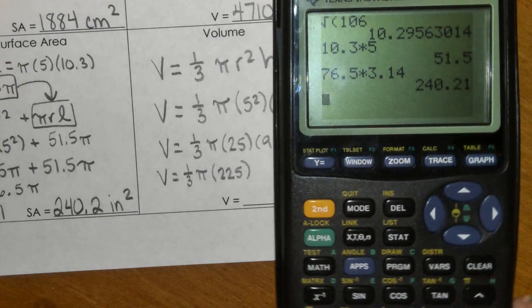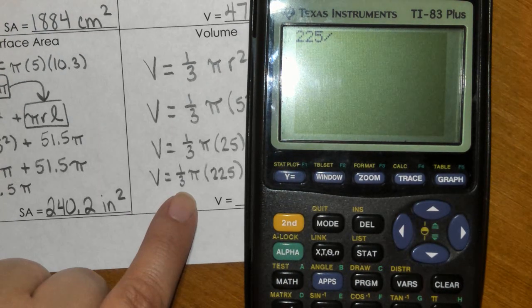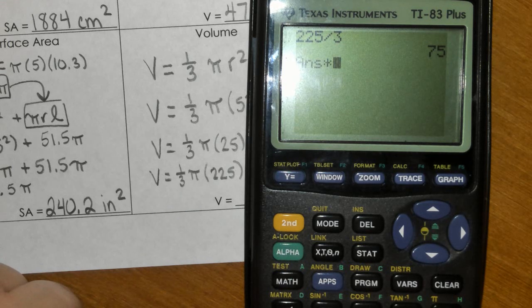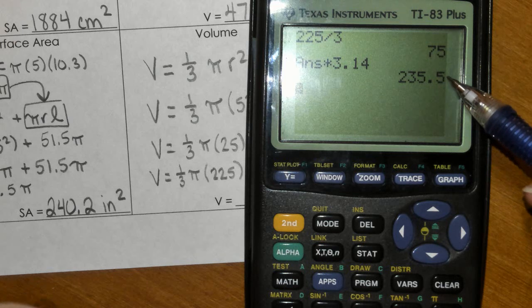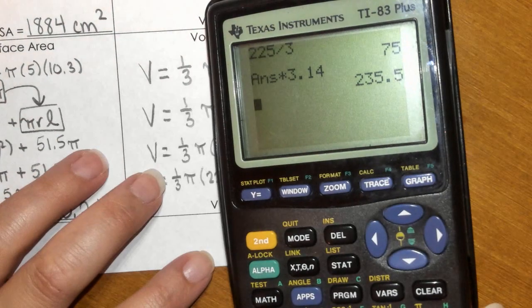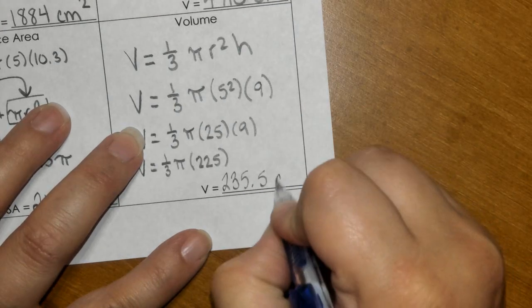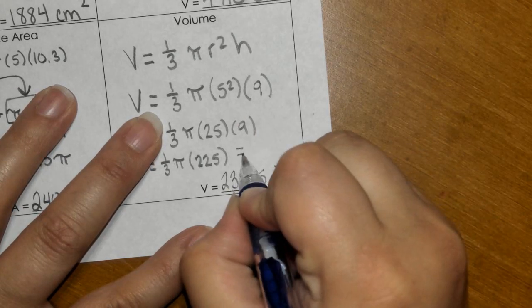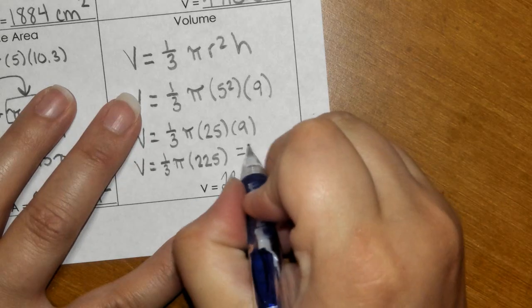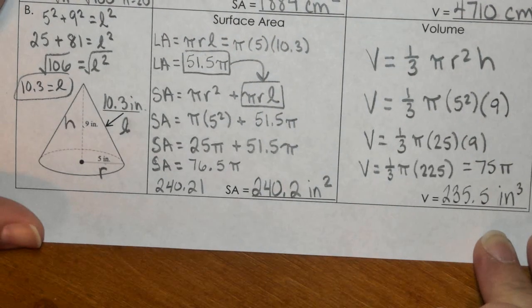So what I would do is take 225 divided by 3, which is 75, and then I would times that by 3.14, and it gives me 235.5. Well, that's in the tenths place, and there's nothing after the 5, so I am done. So that's 235.5 inches cubed. And we had 75 pi here. Okay. So that would be your final answer for the volume for part B.